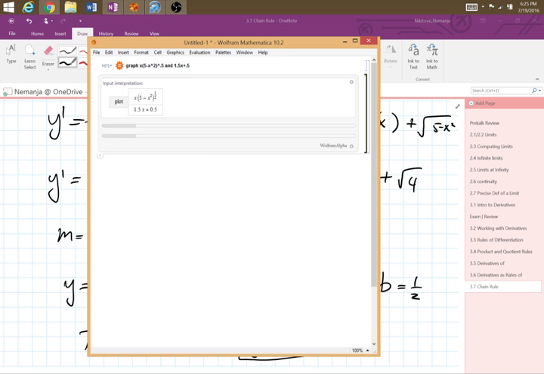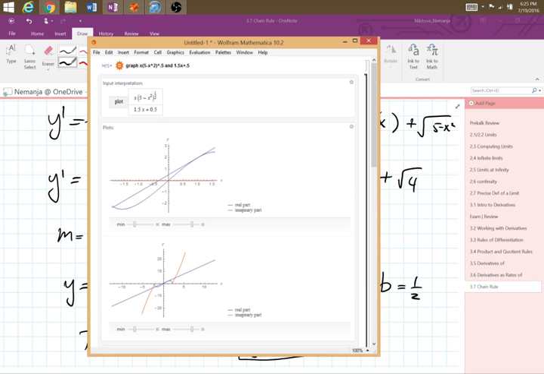Now this is something that you guys should be doing to make sure that your calculations are correct. So as you can see, they intersect right where they should intersect. The blue line here, the straight line, is the tangent line. The other line is the function.